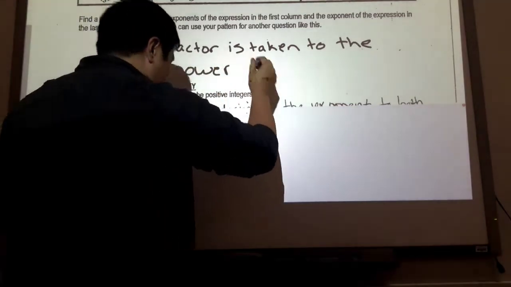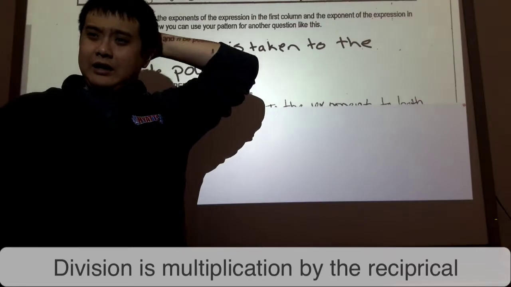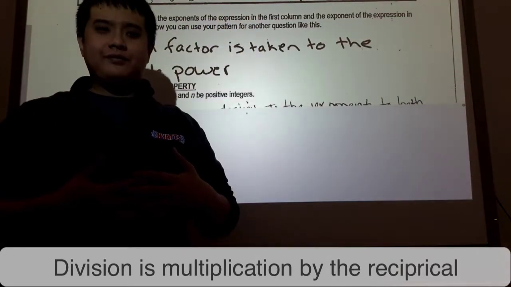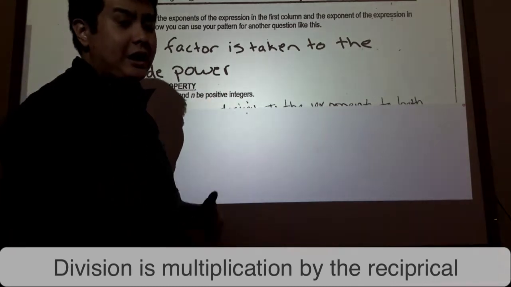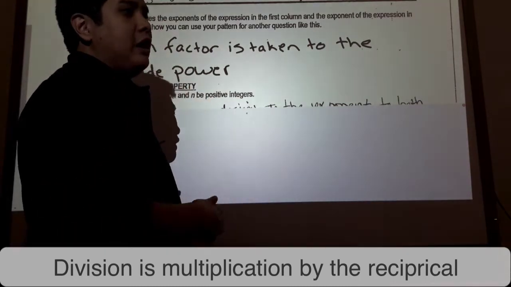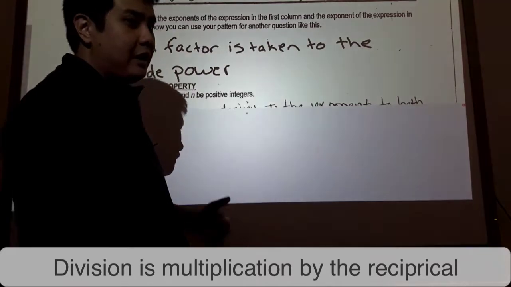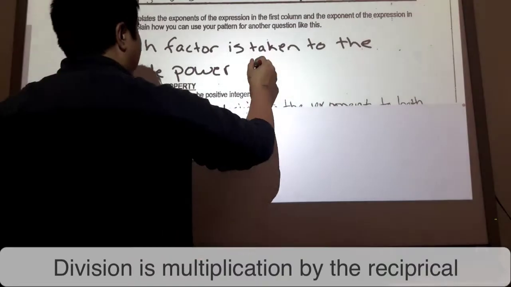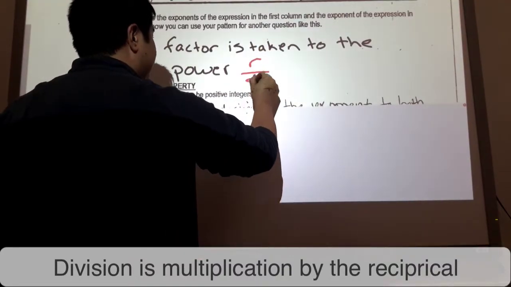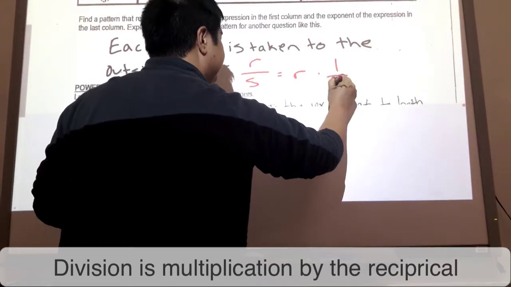Now you might be saying that this s right here is not a factor. S is what's dividing r, not multiplying. Well, remember also that multiplication and division are the same thing. Division is multiplication by the inverse or reciprocal. So r over s is the same thing as r times 1 over s.